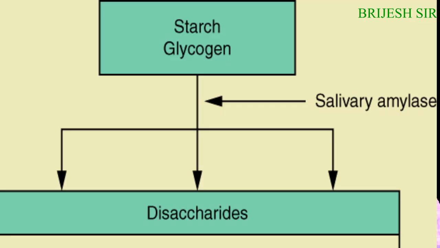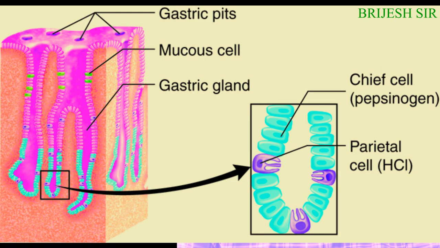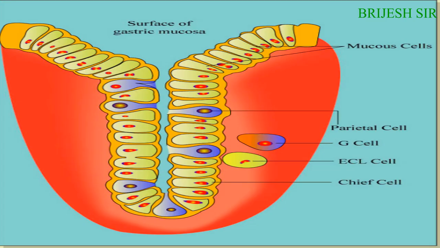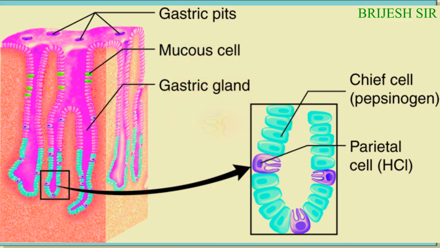Enzymes and their action in digestion. Salivary amylase, released by the salivary gland, helps in digestion of starch in the mouth. Gastric glands release gastric juice in the stomach that contains enzymes pepsin and renin.